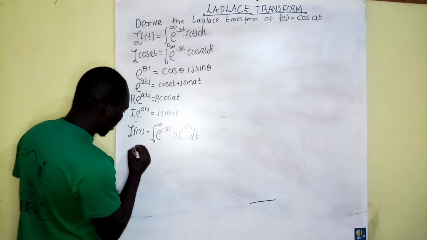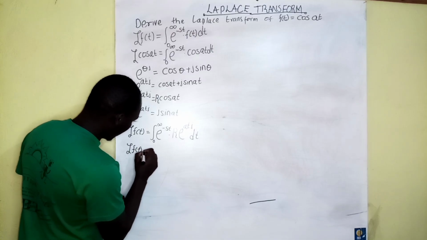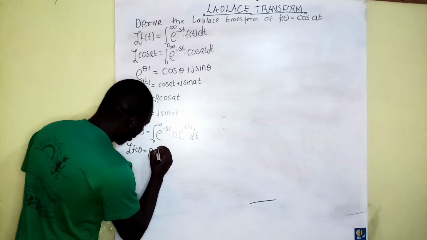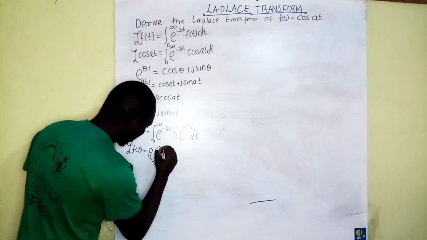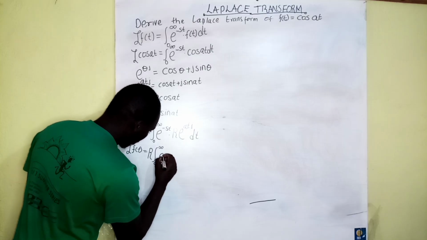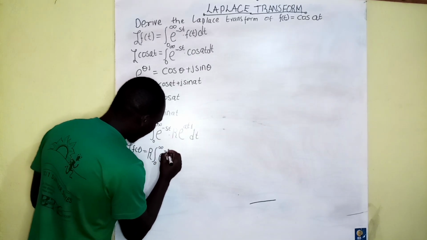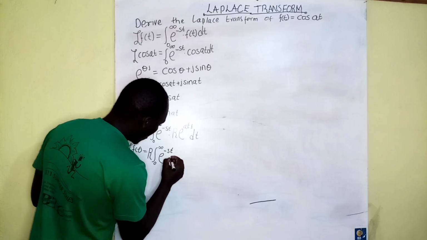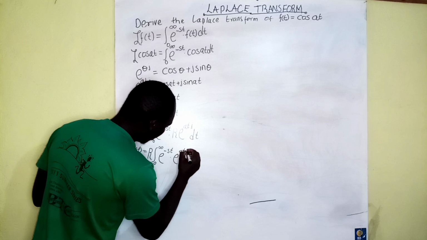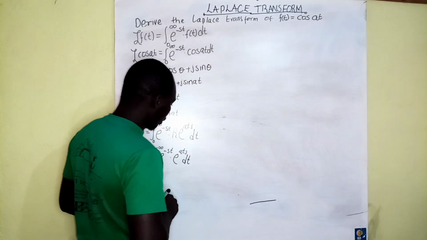So here we are going to have the Laplace transform of a function f of t equal to r into the integration, with the upper limit and the lower limit, of exponential negative st multiplied by exponential atj, and our integration is with respect to dt.